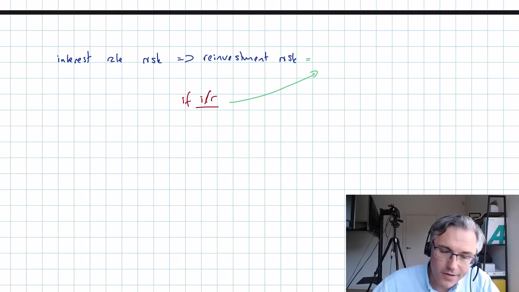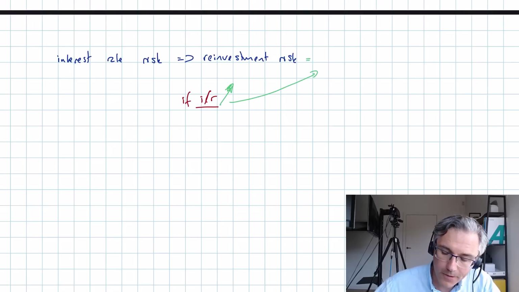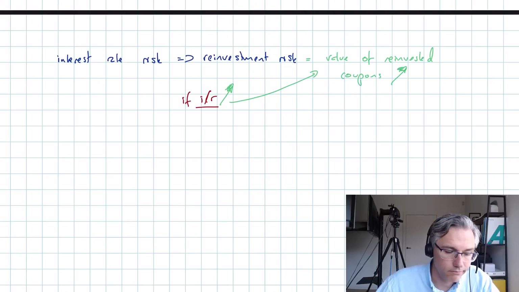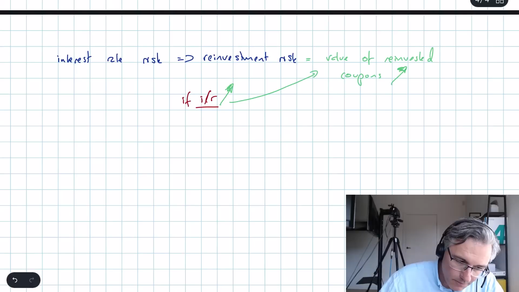If interest rates go up, like they did in this case by 50 basis points, the value of the reinvested coupons goes up as well. Nice.